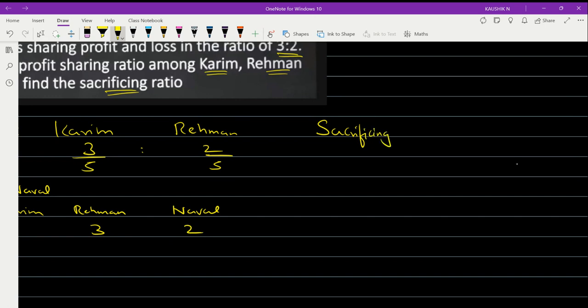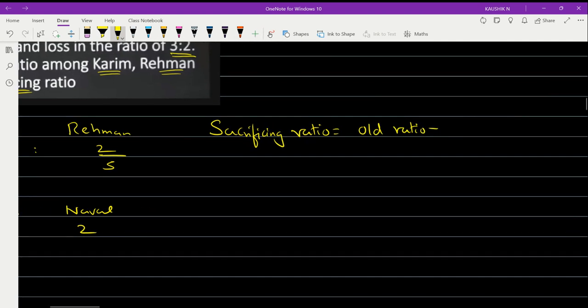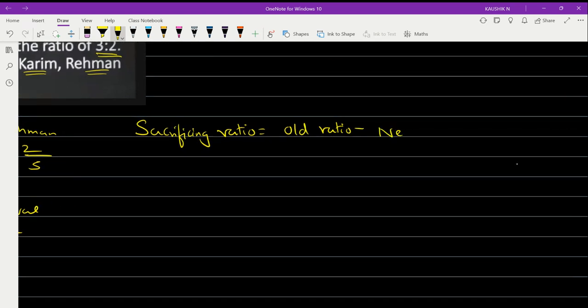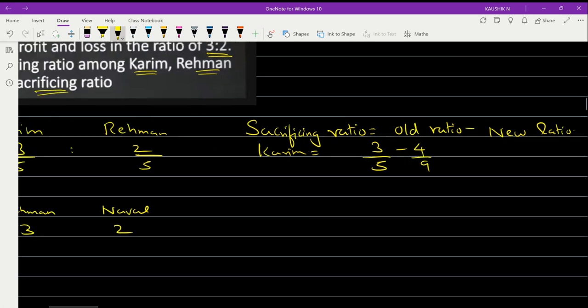Apply the formula. Sacrificing ratio is equal to your old ratio minus the new ratio. So without the formula, don't execute. So first for Karim, Karim's old ratio was 3 by 5 minus the new ratio, which was 4 by 9, right?